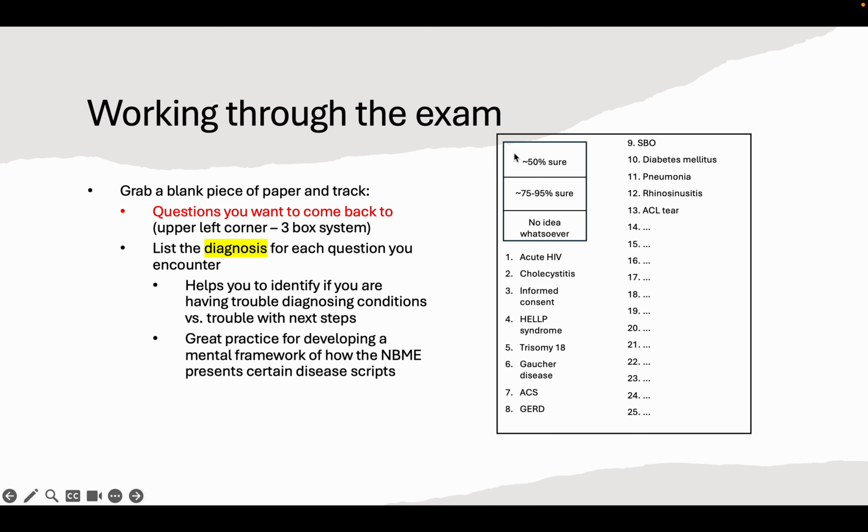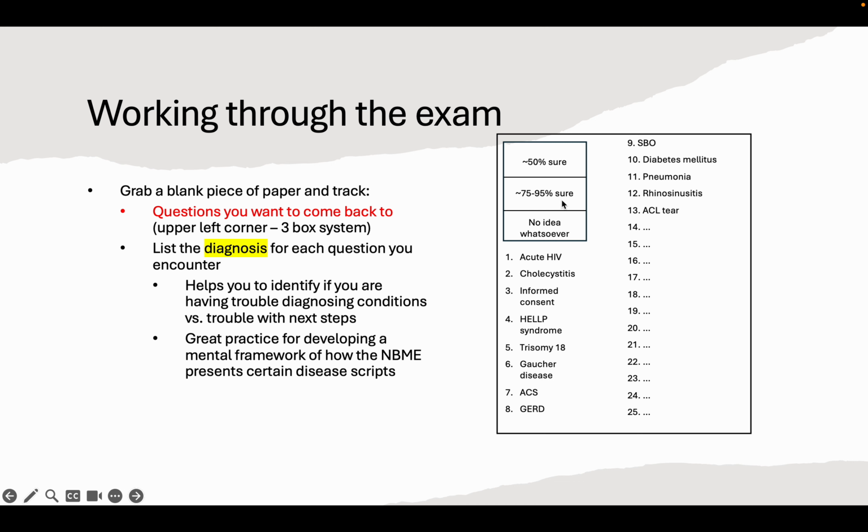So the top box is going to be questions that you're pretty uncertain of, that you're kind of 50-50, like maybe you've narrowed it down to 2 or 3 answer choices. You generally know the concept, but you really need a good chunk of time to think through this question to feel confident about it. For those, you're just going to write the question number in the box, and if you have time, you'll come back to it.